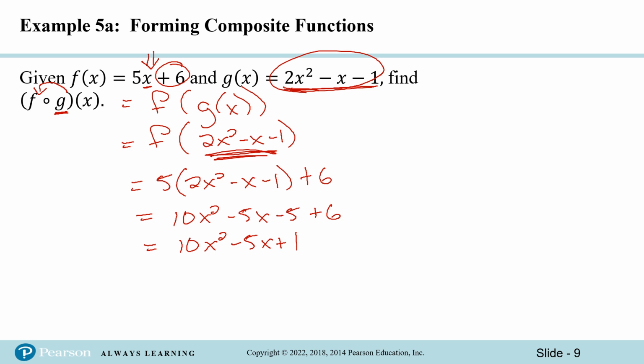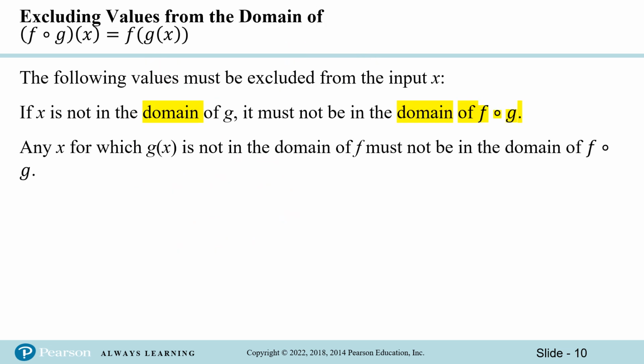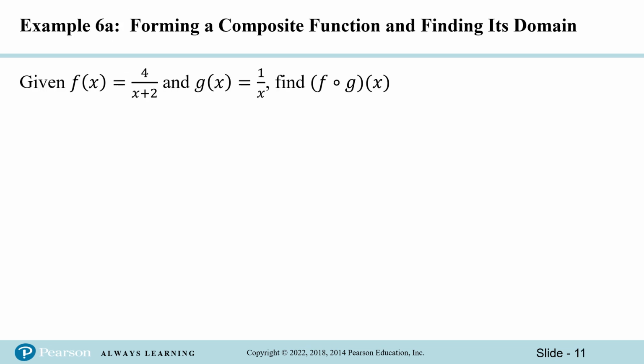Well, if we have these y values, whatever y values we have, and we plug them in for x, this is not restricted either. So again, no restrictions on this one.